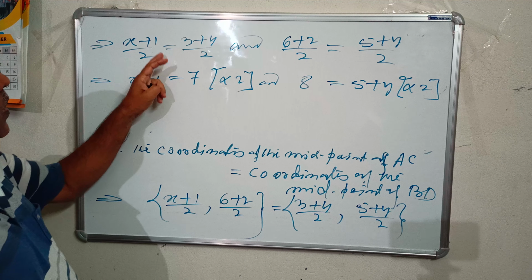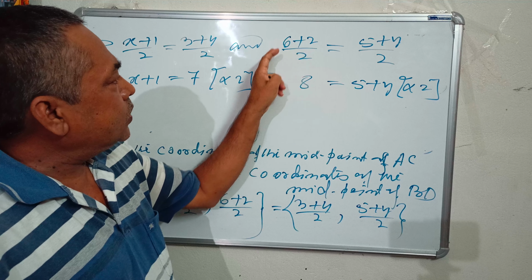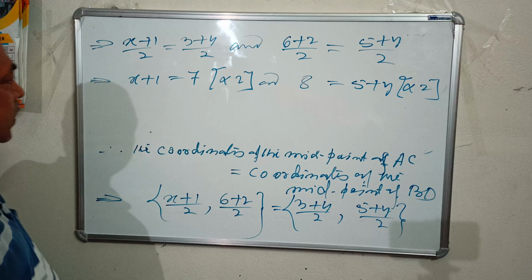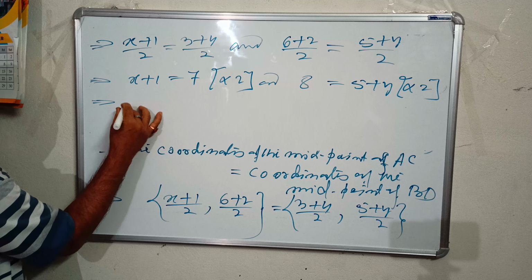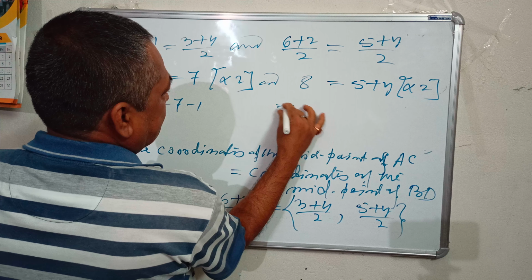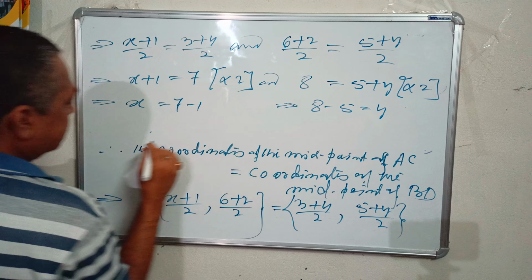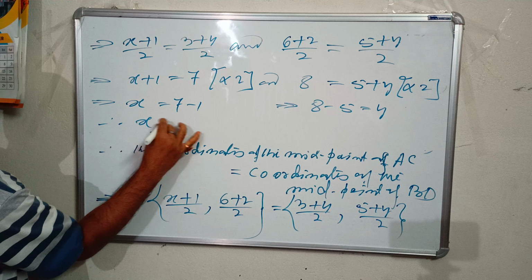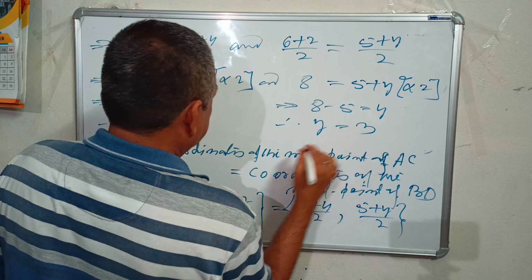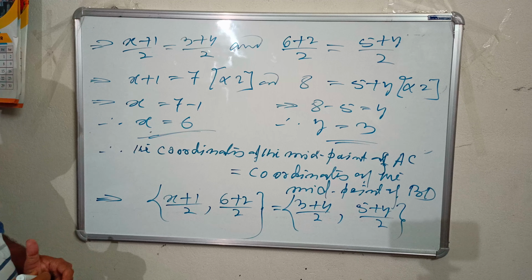So x equals 7 minus 1, and 8 minus 5 equals y. Therefore x equals 6, and y equals 3. So these are the values: x equals 6, y equals 3.